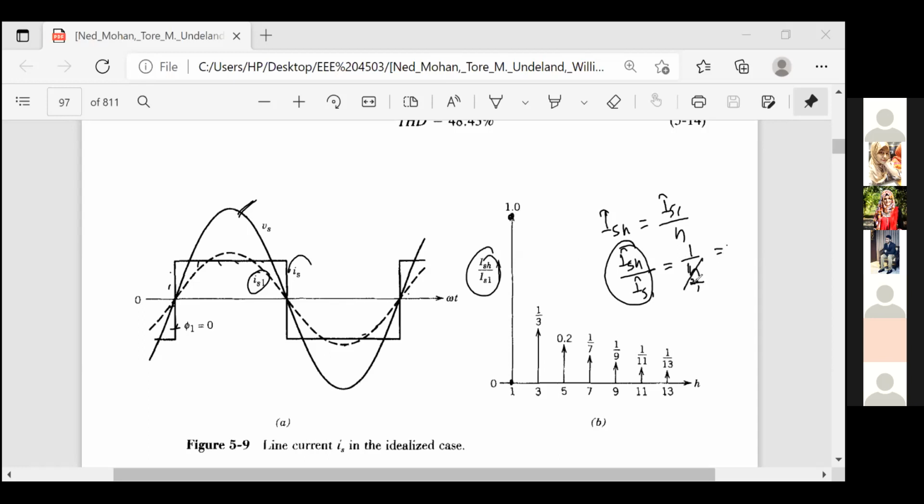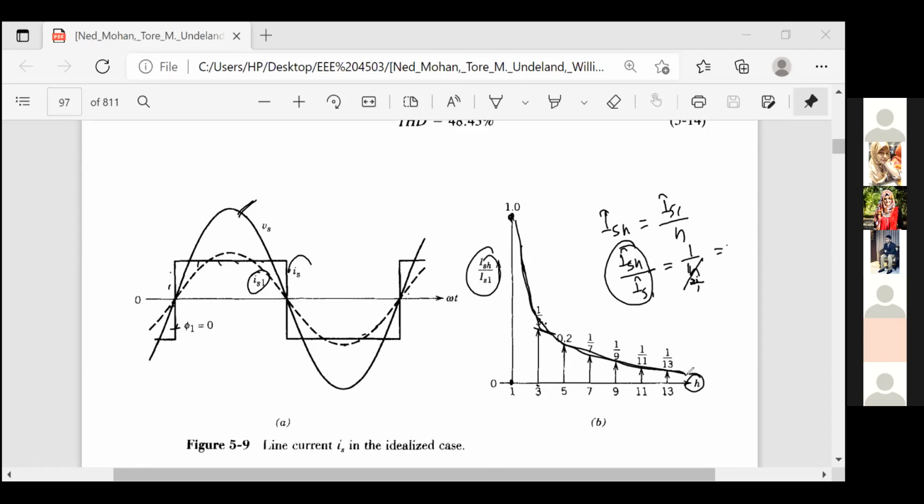If you put H equal to 3, that means the third harmonic, it is 1/3. If H is equal to 5, then 0.2. So look here, the component is decreasing like this.